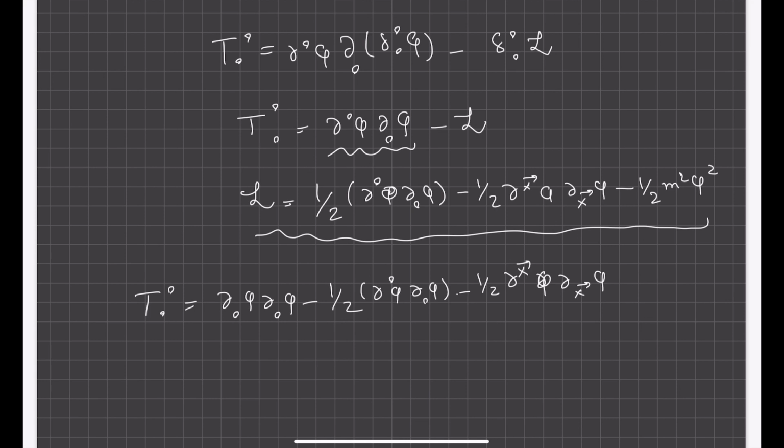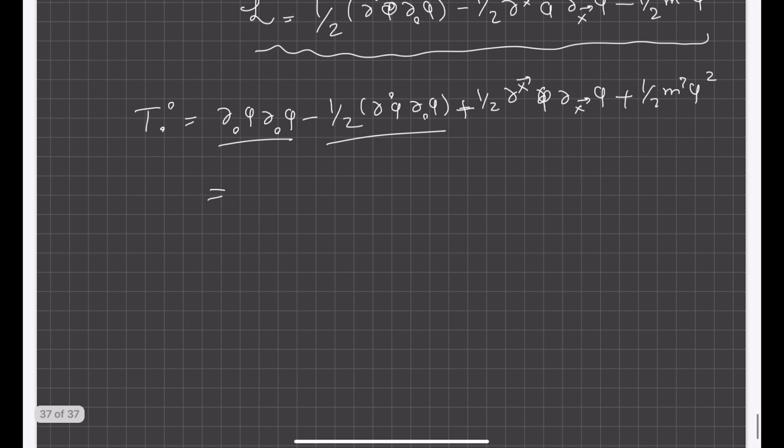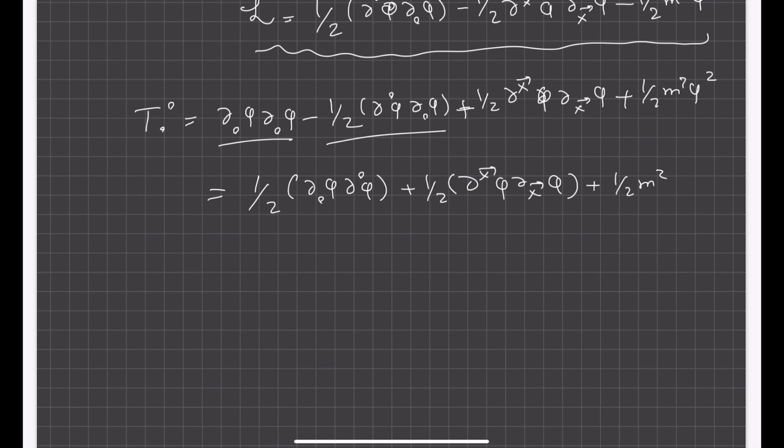This minus sign becomes plus, and this second minus sign also becomes plus, and the final term has 1 minus 1 over 2. So we end up with something like this. So this is basically the Hamiltonian, the Hamiltonian of the field.